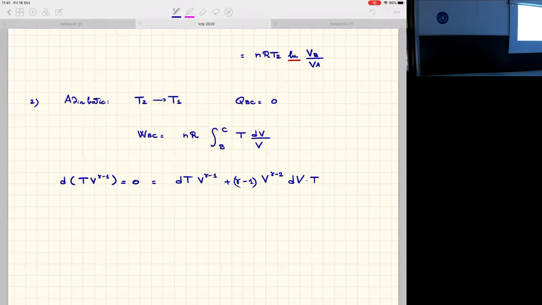And therefore, overall, I get T dV over V equal to minus dT over gamma minus 1, correct? Right? You agree?